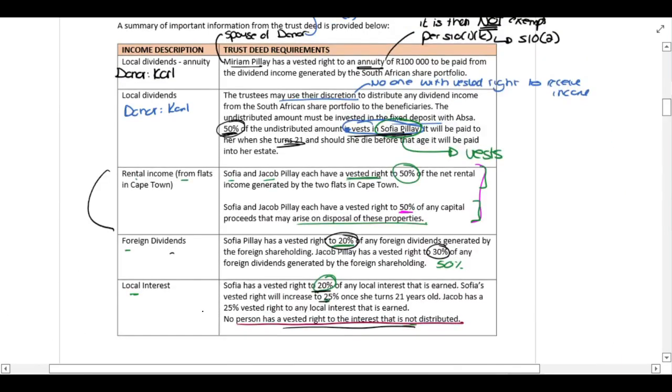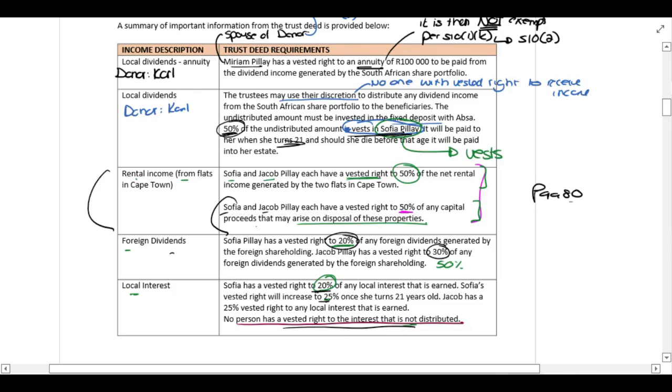Those flats were sold. Okay, now let's talk about the sale of the flats. This is important here. When you sell flats, paragraph 80 says the person who has a vested right to it, Sophia and Jacob, must be taxed on it, but only if they are residents.